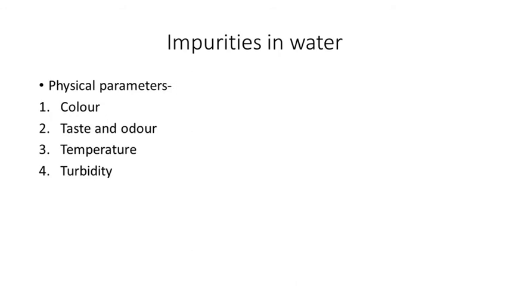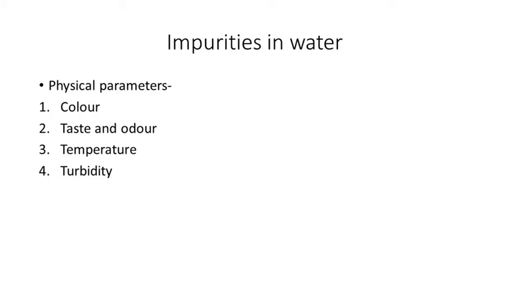Next, impurities in water. In the previous lecture we discussed various impurities: physical, chemical and biological impurities. So what are the physical impurities? Color. Pure water, or natural water, is colorless, but due to the presence of solids, in the form of suspended solids or dissolved solids, the water gets color.